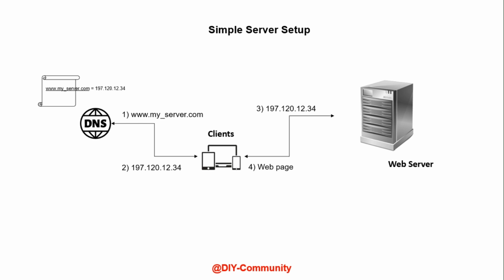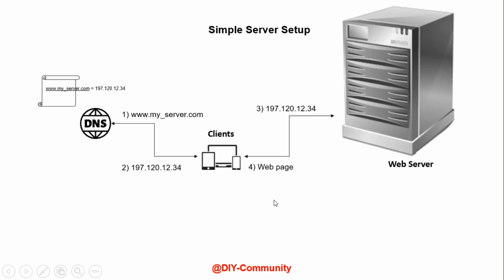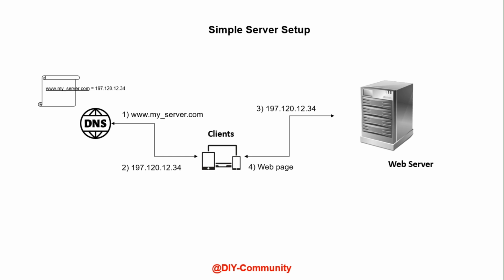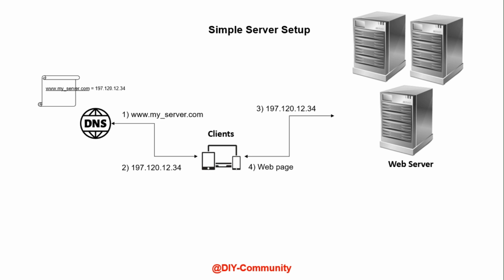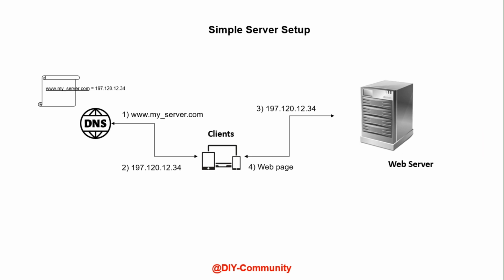Now let's return back to our simple server setup. Over a period of time, if the demand for your services increases, obviously you will need more resources to fulfill those requests. So there are two ways you can do that. One is to increase the configuration of your present server, or the second one is to allocate more servers.